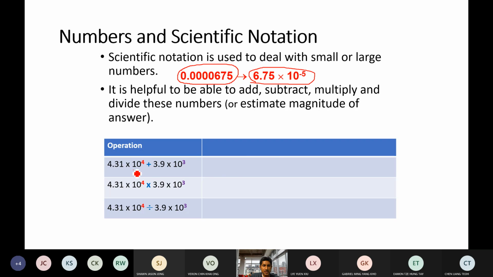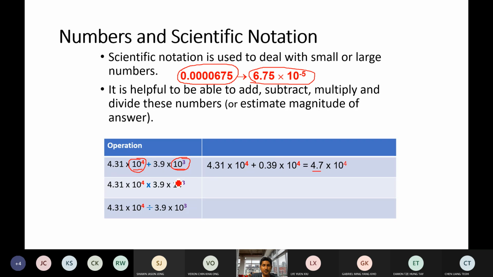And with scientific notation, when there are 10 powered figures, we need to add, subtract, multiply or divide them. Nowadays we do it using a calculator, but the concept behind it is that we have to change 10 power third to 10 power fourth, or vice versa, so the powers are the same, and then the rest of the numbers are easy to add up.